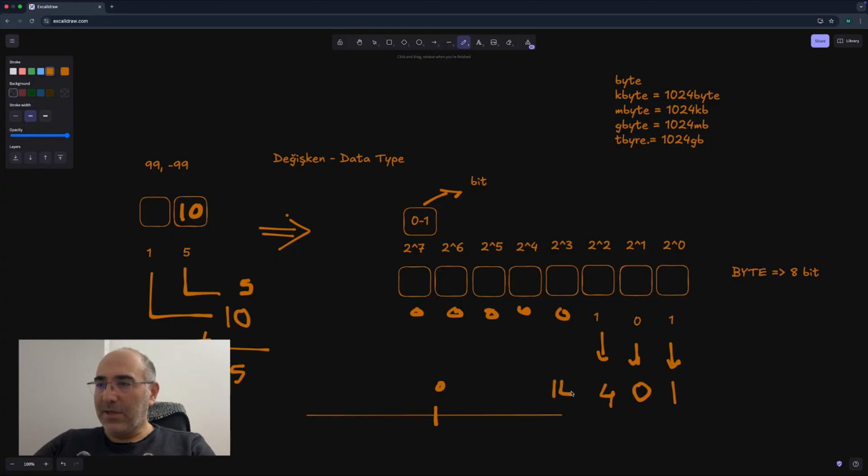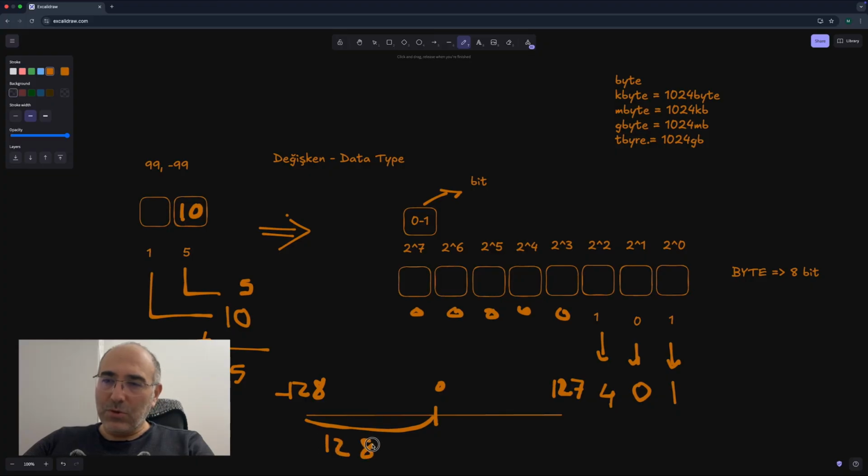Here, we have 127, right? 127. Here, we have negative 128. Now, if you count the values on this side, there are 128 values. If you count from here, including 0, there are also 128 values here.